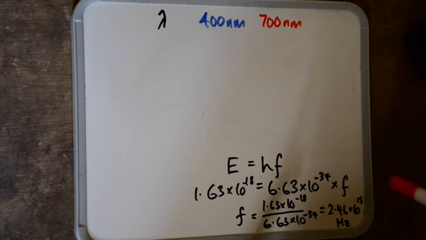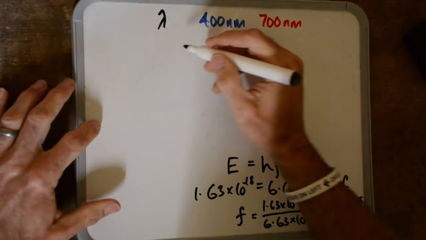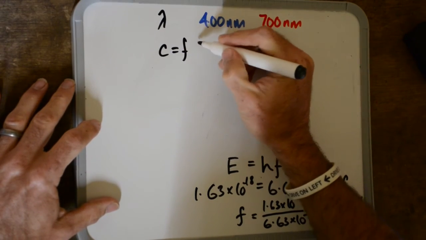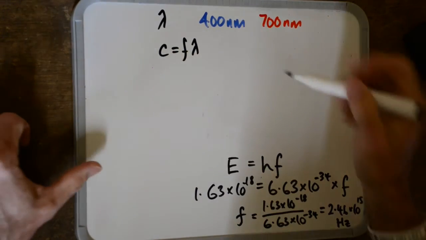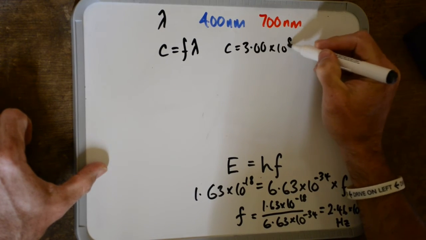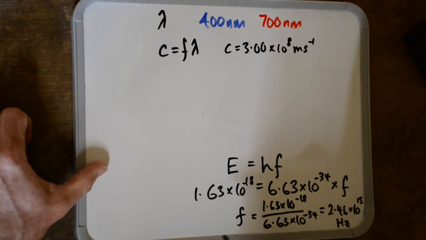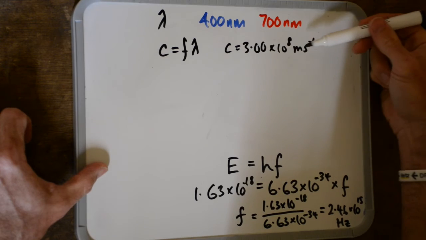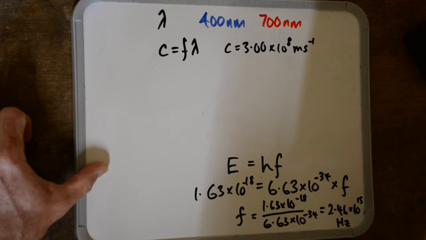Now, what we need to do is work out what wavelength of light would have this frequency, and we know from our previous topic on waves that c equals f lambda, where, because we're dealing with light, c here is the speed of light, so c equals 3.00 times 10 to the 8 meters per second, and so we can plug in our value for frequency, plug in our value for the speed of light, and we can work out what wavelength this photon would have.